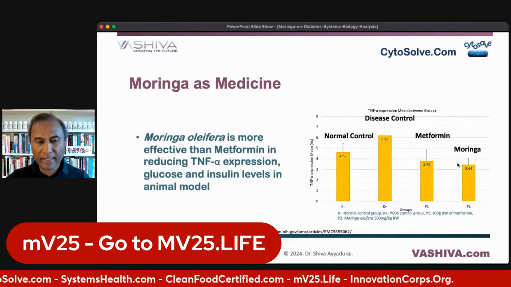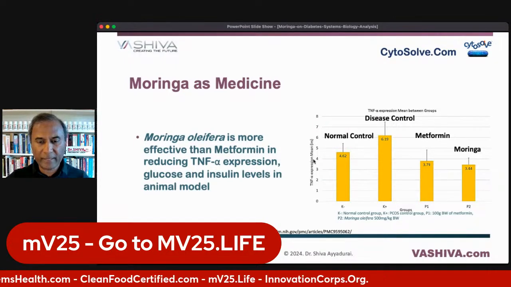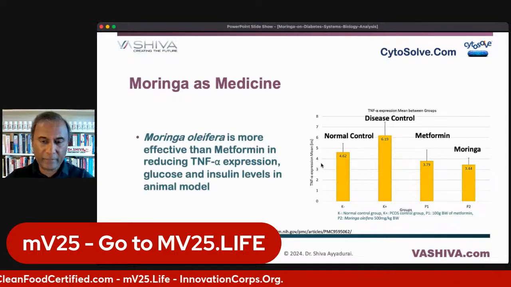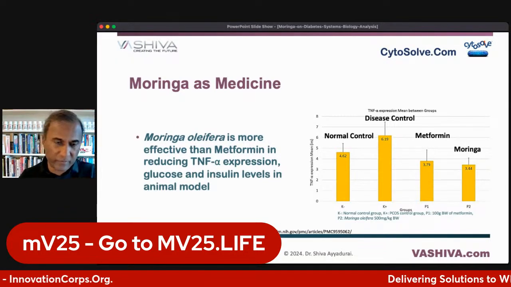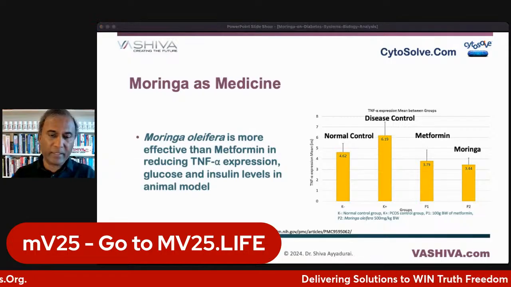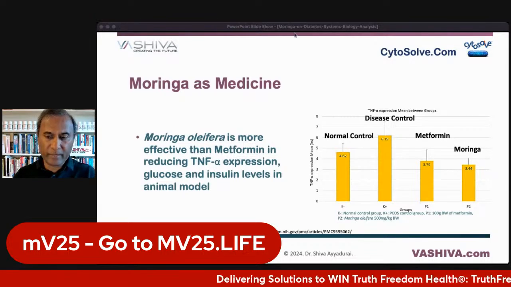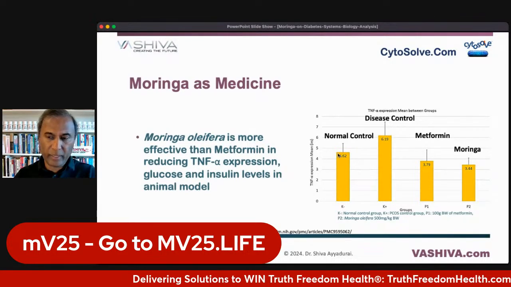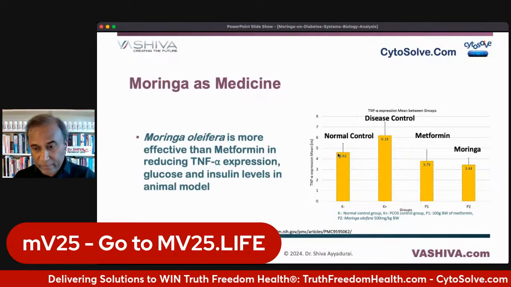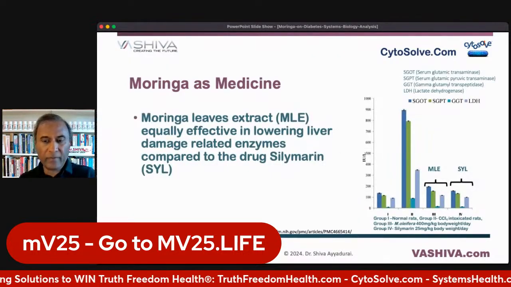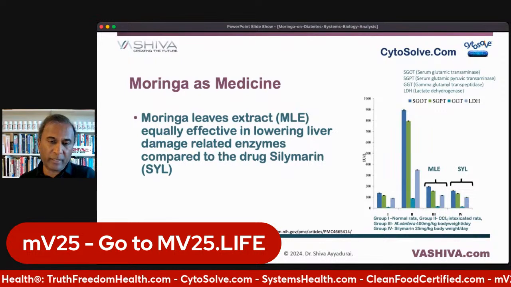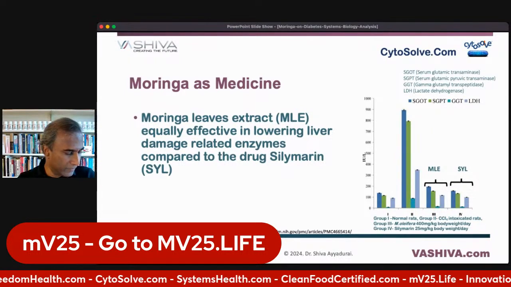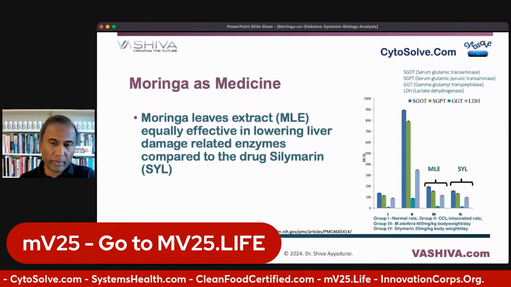So Moringa has a much better effect on downregulating TNF-alpha expression than metformin. Okay, so you can share that with your friends. A lot of people in the scientific world hail metformin as this very powerful drug, but look at Moringa, it does better.